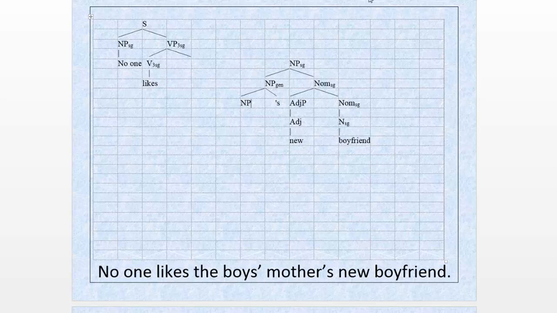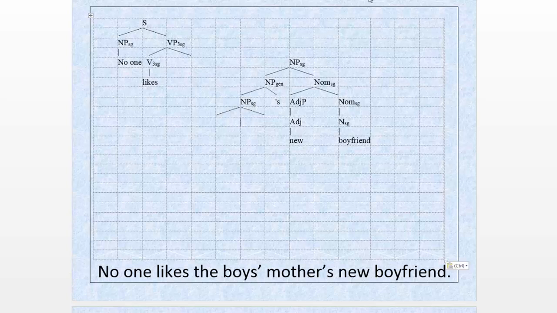Mother, we've only got one of them, so that's singular. So nom singular, and then we have mother. All right, let's line everything up here. How about that?